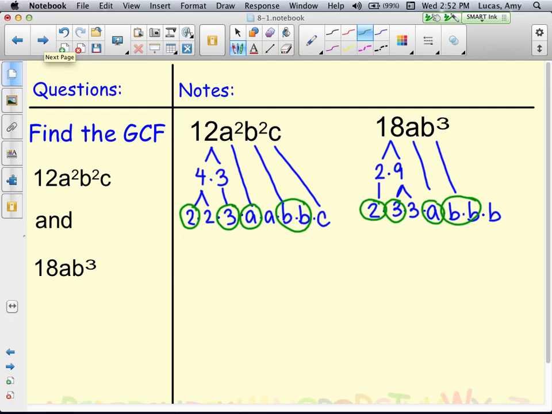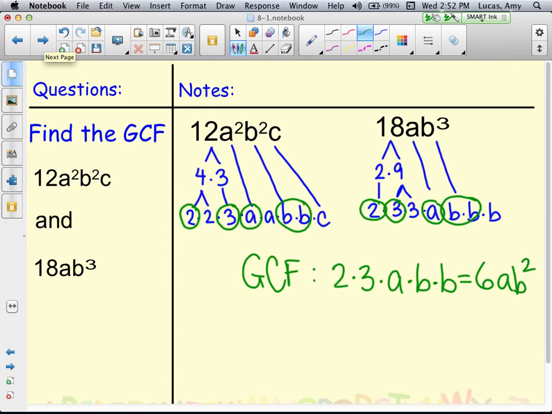So their greatest common factor, what I've circled on each one of them, I've circled a 2, a 3, an A, and 2 B's. So that means the GCF is 2 times 3 is 6, AB squared. 6AB squared. That's the greatest factor that is common to both of my terms.